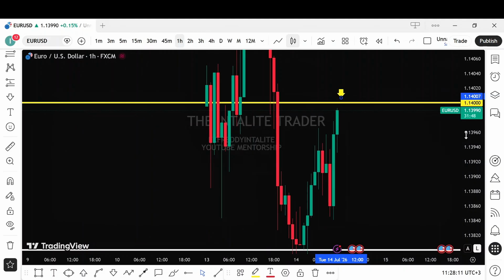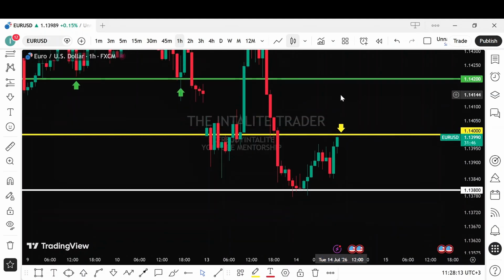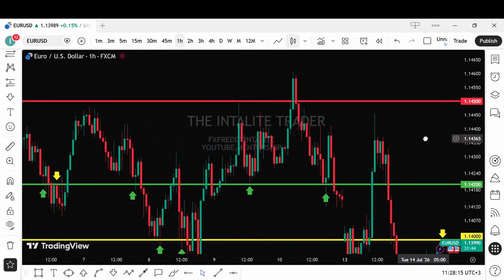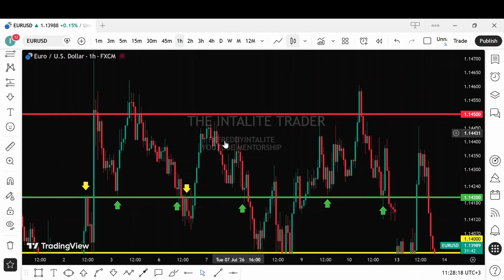So these levels, if we look up here, you have rejections, price is rejecting. Here, price rejects. The same thing applies to this rejection.